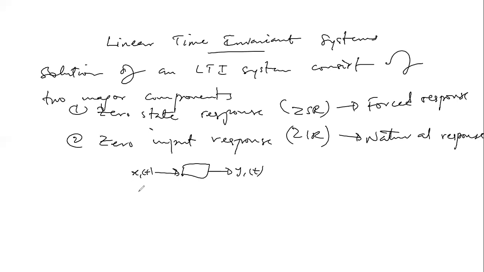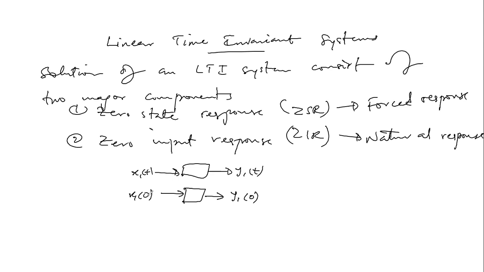At some time instant of 0, we are going to get Y1 of 0, right? Meaning the linear system should produce an output of 0 if the input is 0. Okay, that's what it means for the system to be linear.